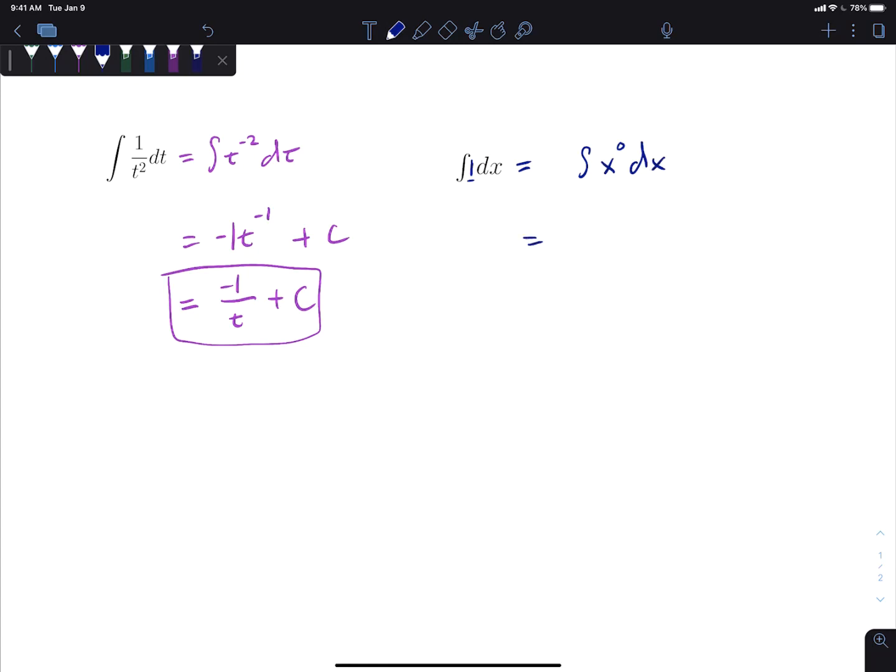Now if I take this integral, add 1 to the exponent, that makes x to the 1st power, and the reciprocal of 1 is 1, so it's already out here, and then just plus c. So the integral of dx is just x, plus your constant. So the integral of any variable is that variable, plus a constant.